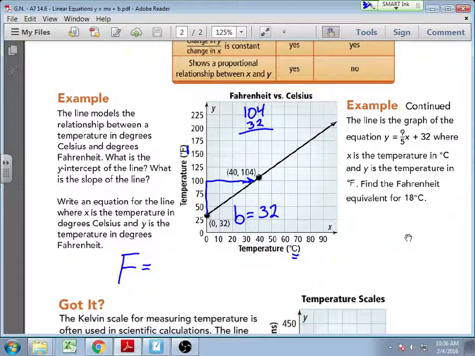So we get 72. So my rise is 72. My run, from x value to x value, is 40. So I can also just compare the y values of the points and the x values of the points.